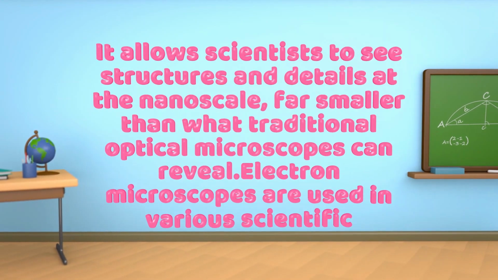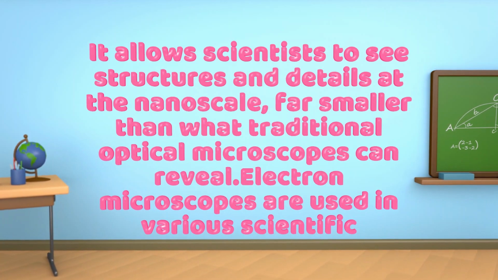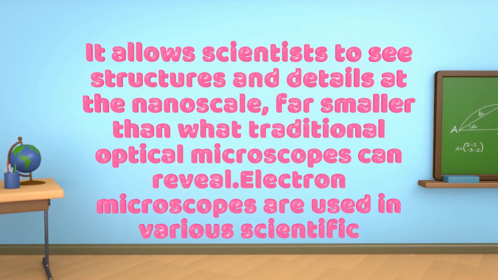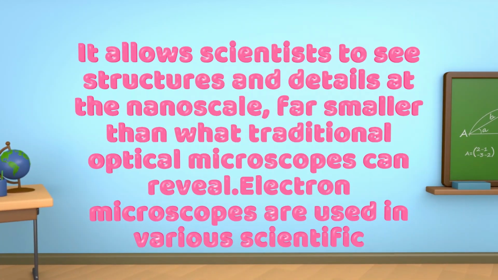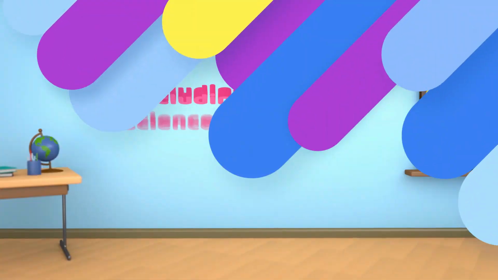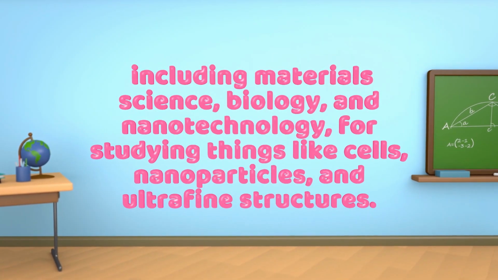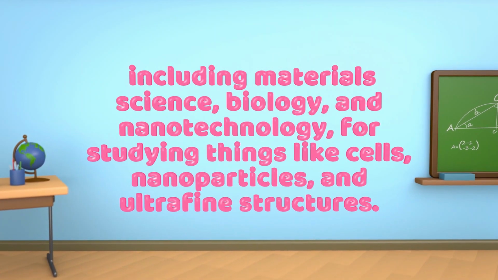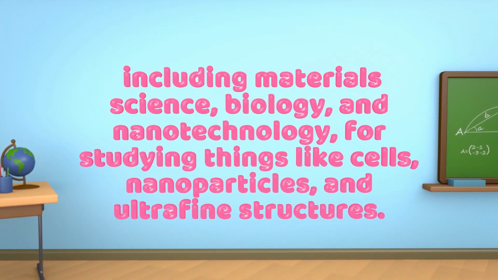It allows scientists to see structures and details at the nanoscale, far smaller than what traditional optical microscopes can reveal. Electron microscopes are used in various scientific fields, including materials science, biology, and nanotechnology, for studying things like cells, nanoparticles, and ultrafine structures.